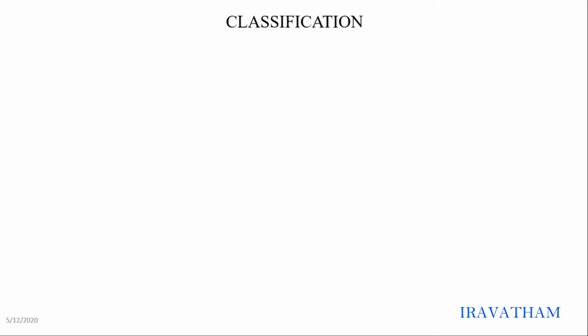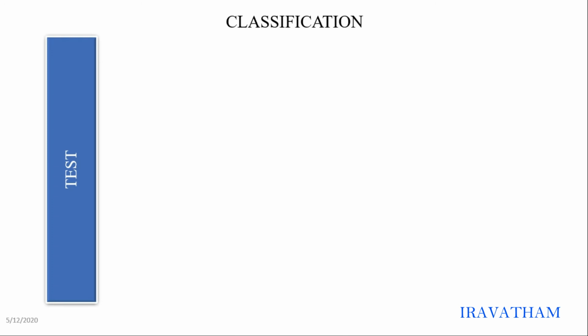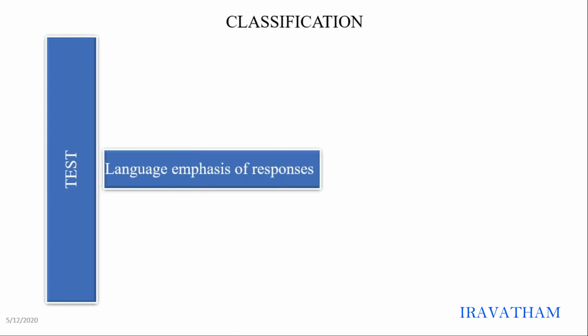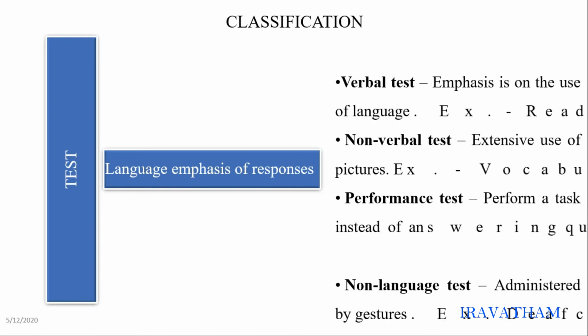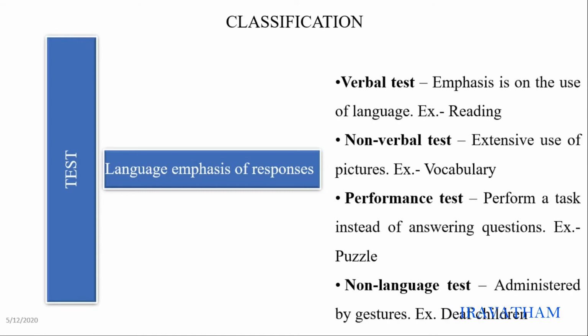The next classification is based on language emphasis of responses. Under this, we have verbal test, non-verbal test, performance test, and non-language test. Verbal test, so emphasis is on the use of language, example reading.